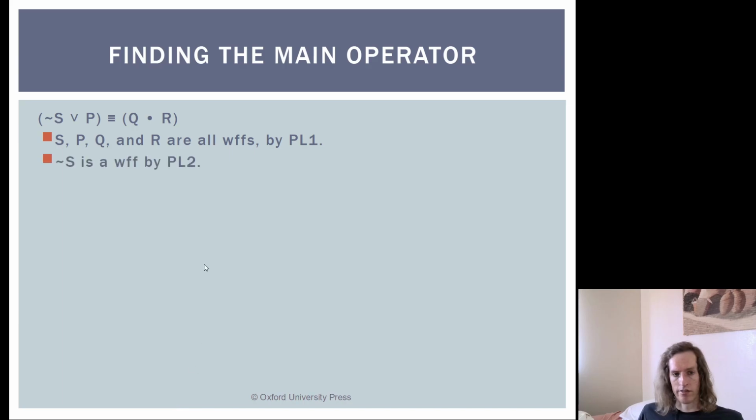So then, not S is a well-formed formula by PL2. That's the next part that we can get to in order to determine the truth value of the conditional, because the conditional here is comparing the value of not S to P. If we know the value of S, then we need to know the value of not S. Then we can compare that to P. Then we can get to the value of the conditional.